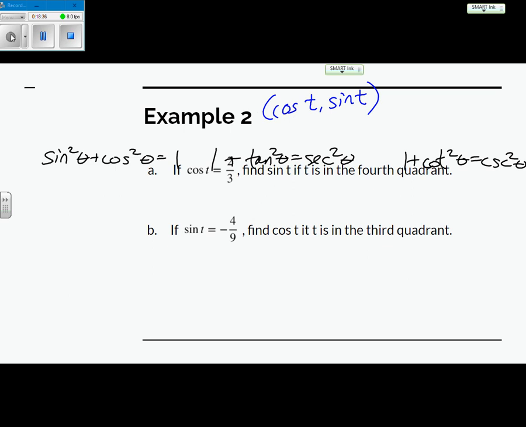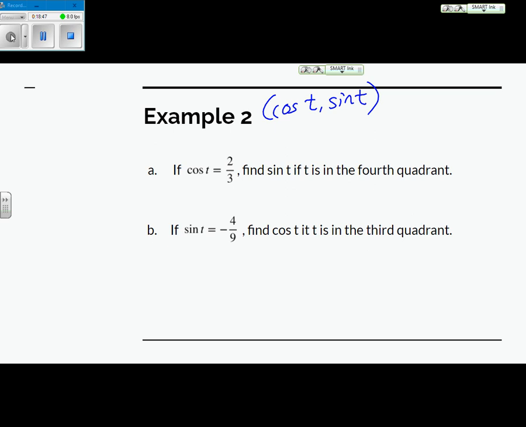Okay. So look at A. Part A, it gives me cosine and I'm looking for sine. Do I have one of those identities that I just erased that deals with sine and cosine? They're using t, so I'll go ahead and go with them.